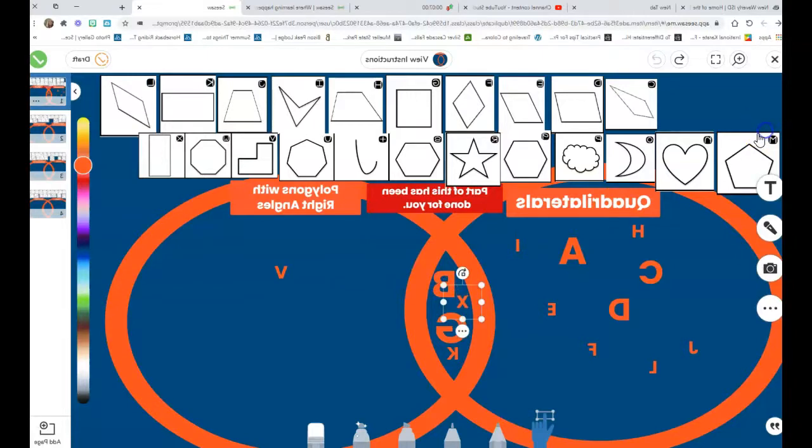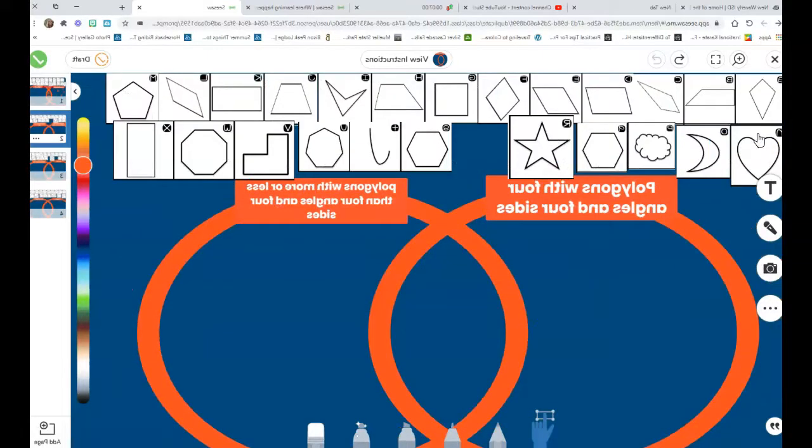Okay. The next slide. Polygons with 4 angles and 4 sides. And then over here, it has to have more than 4 or less than 4. Okay. So which ones have 4 angles and 4 sides?